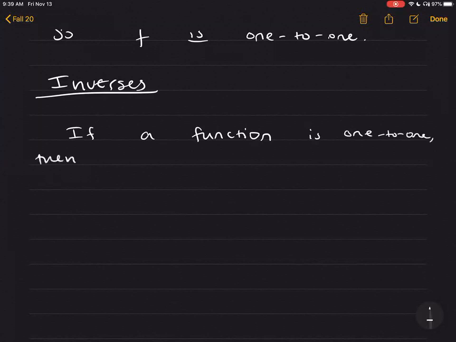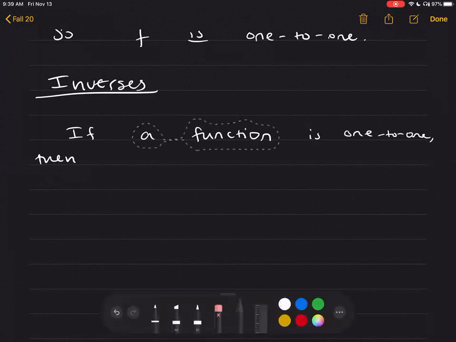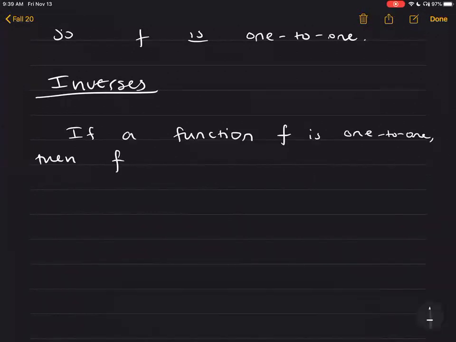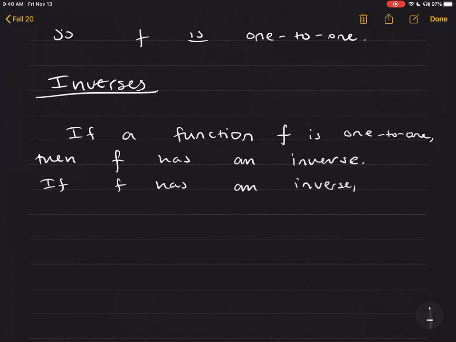If a function f is 1 to 1, then f has an inverse. Similarly, if f has an inverse, f is 1 to 1.